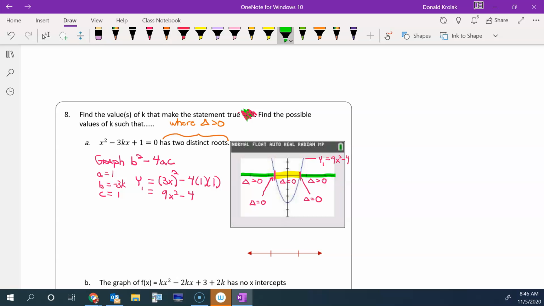So here delta's positive, here it's negative, here it's positive. And at these 2 points, delta is 0.